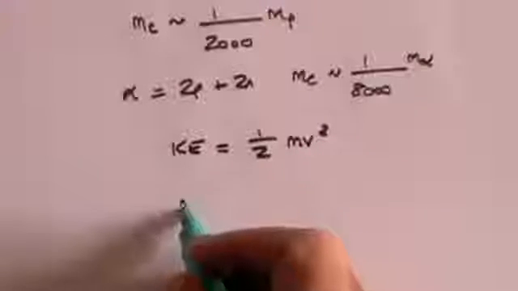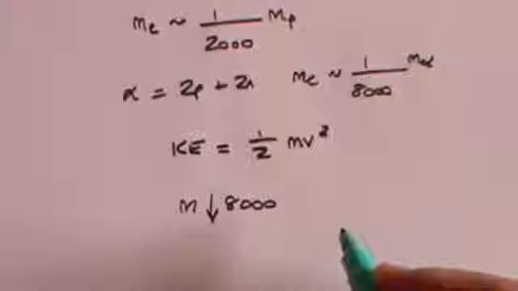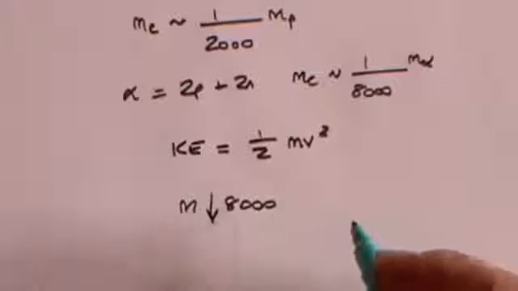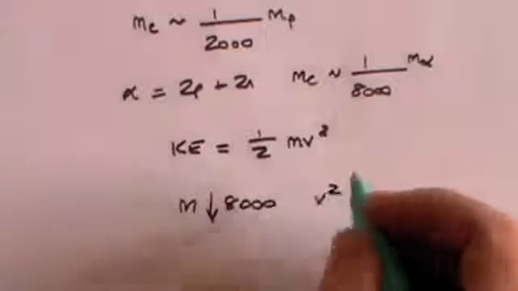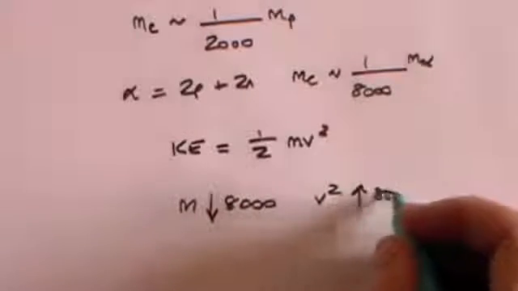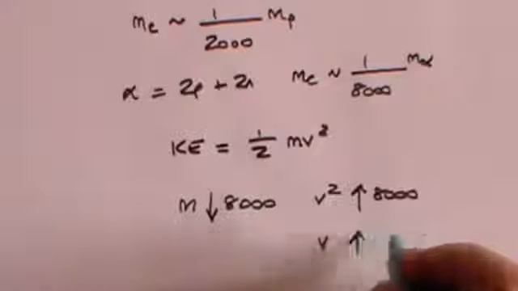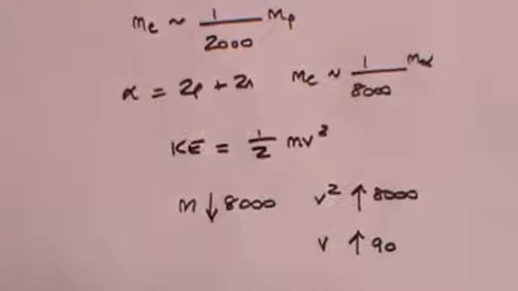If in this term m has gone down by a factor of 8,000, as it would with an electron compared with an alpha particle, that means that if you want the same kinetic energy, v squared has got to increase by a factor of 8,000, which means that v has got to increase by a factor of approximately 90. So your electrons need to be going 90 times faster than the alpha particles were if you are going to have electrons with broadly the same energy.